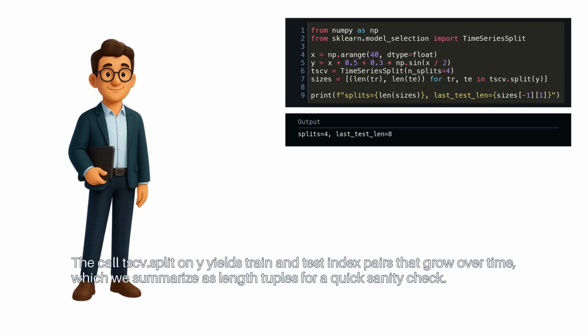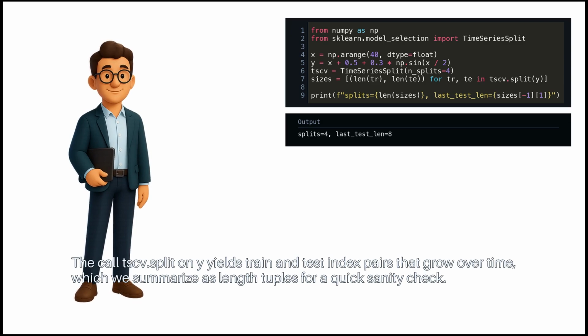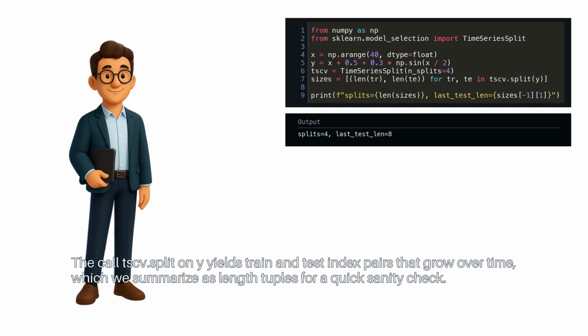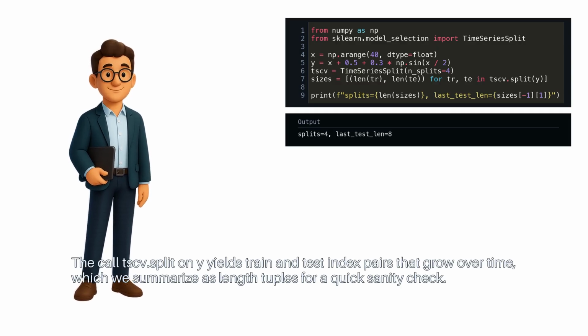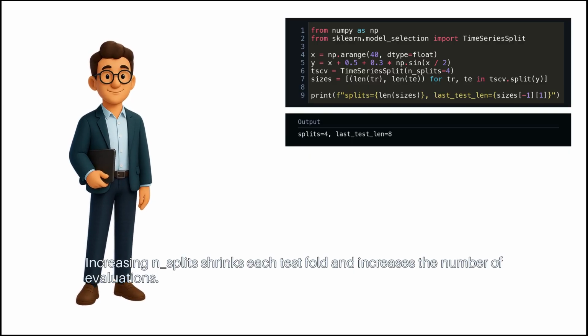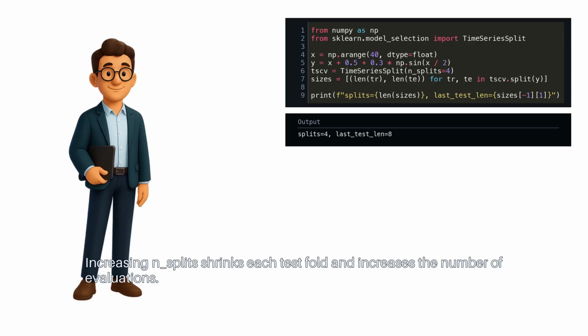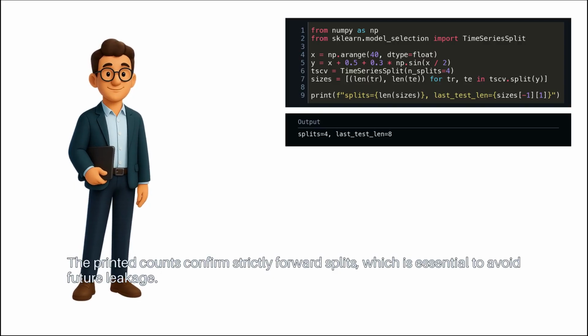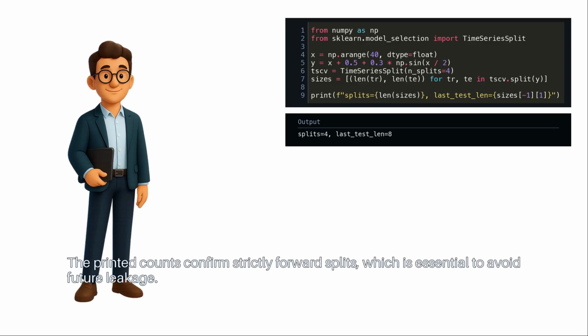The call TSCV.split(Y) yields train and test index pairs that grow over time, which we summarize as length tuples for a quick sanity check. Increasing n_splits shrinks each test fold and increases the number of evaluations. The printed counts confirm strictly forward splits, which is essential to avoid future leakage.